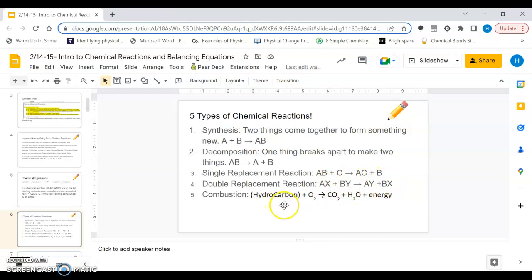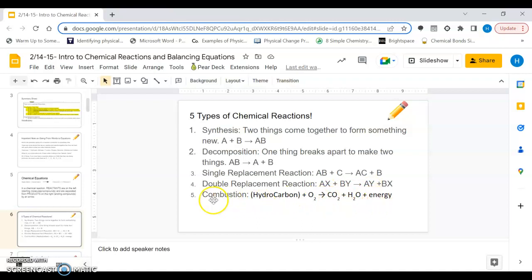In combustion, we have some sort of hydrocarbon, so that's C's and H's, and O's possibly, being added to oxygen. And then a very important thing: your product for a combustion in our class, a combustion of a hydrocarbon, is always going to be producing carbon dioxide, water, and energy.